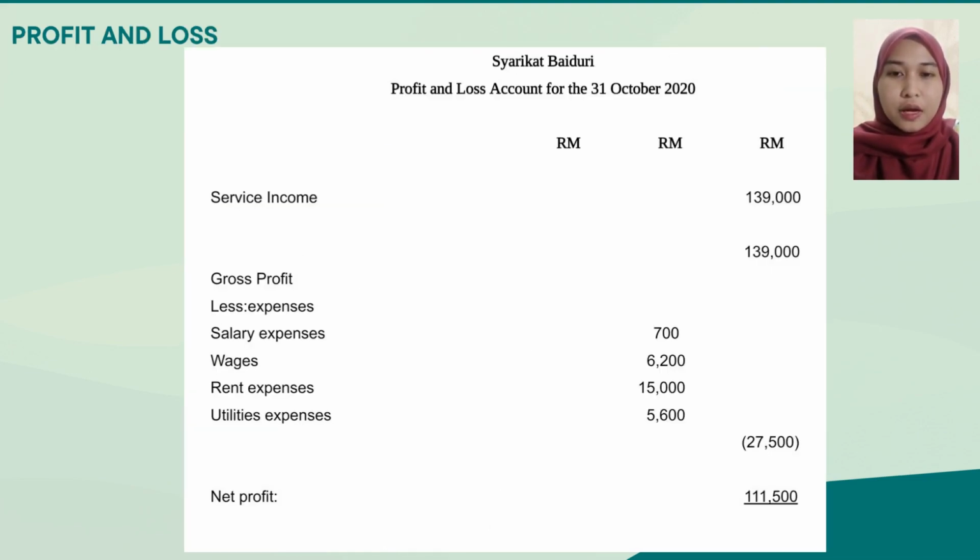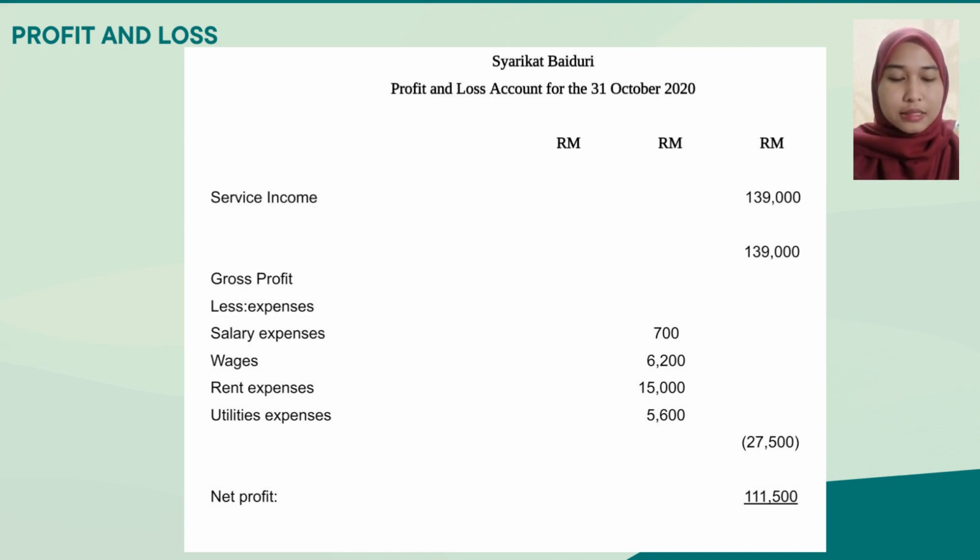Syarikat Baiduri profit and loss for the 31st October 2020. Service income 139,000. Gross profit less expenses. Salary expenses 700. Wage 6,200. Rent expenses 15,000.